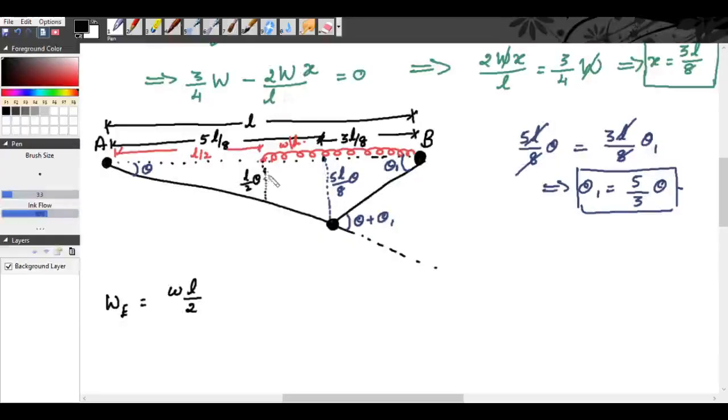So this is the area of this trapezium plus the area of this triangle. The area of this trapezium is half into this distance, that is L by 2 theta plus 5L by 8 theta, into the height. How much is this distance?